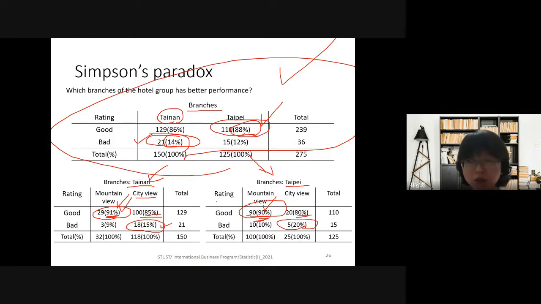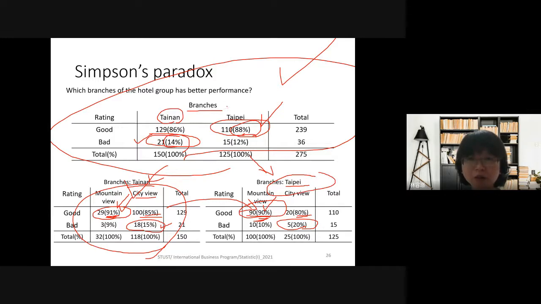So if you look at the unaggregated data, it seems Tainan has better performance, in both mountain view and city view, than the services in Taipei.